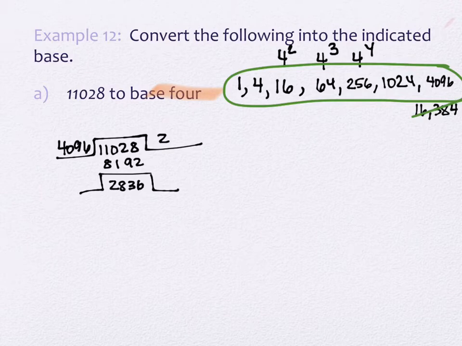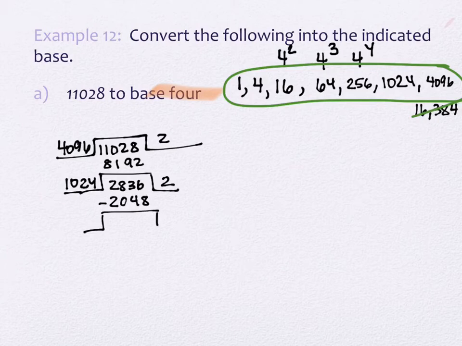What will I divide by next? Yeah, the 1,024. So how many times does 1,024 go into 2,836? Should be twice. 2 times 1,024, you might be able to do that in your head. That's 2,048. So what is 2,836 minus 2,048? 788.